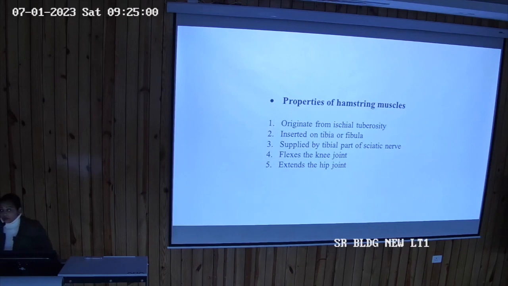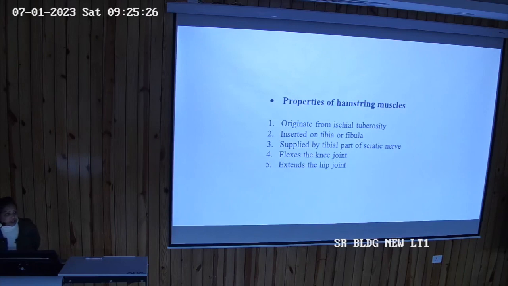Then all of them are supplied by the tibial part of the sciatic nerve. They are supplied by the medial part of the sciatic nerve, and their action: they flex the knee joint and extend the hip joint. As they are present on the back of thigh, okay, muscles on the anterior side, what did I explain at that time?